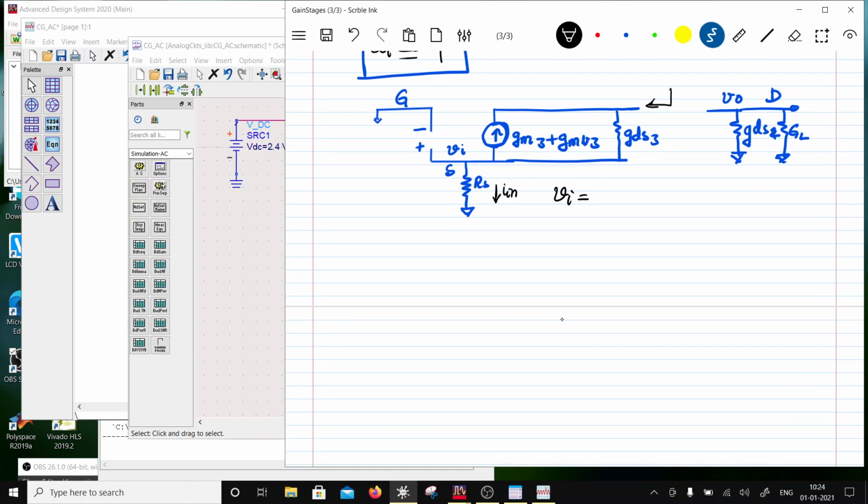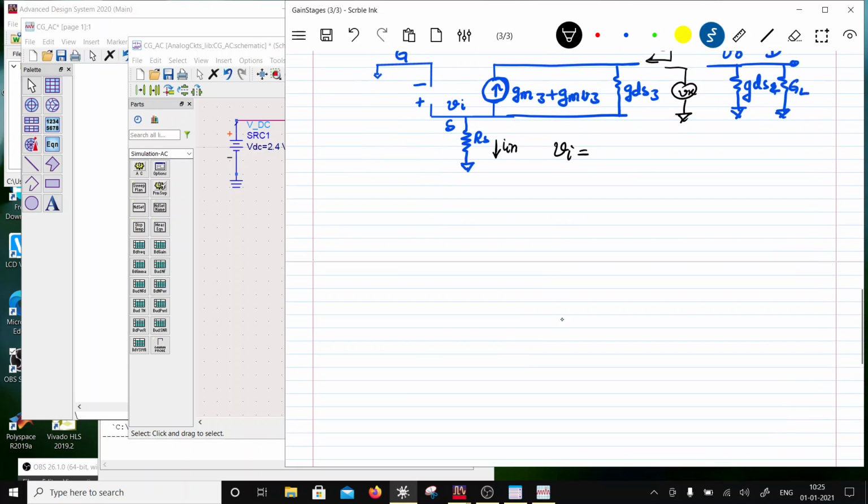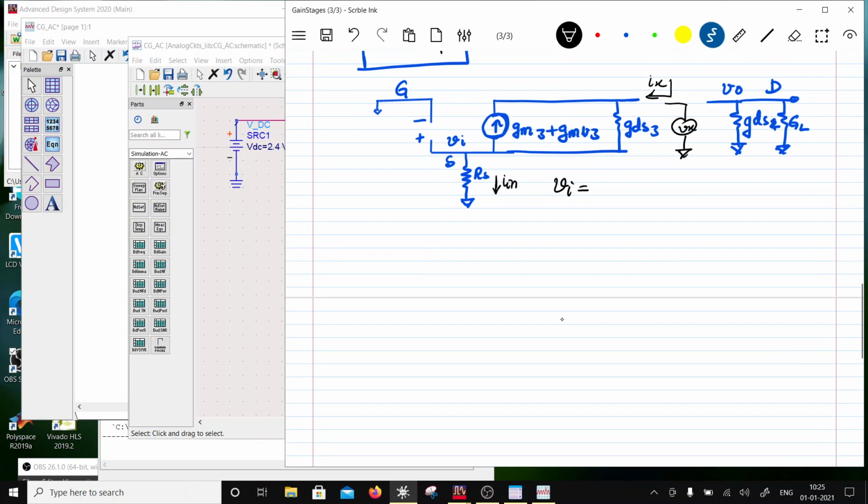So I'm going to connect Vx here, and then I have a flow of Ix. So Vx by Ix is Ro. If this is Ix, then this should also be Ix, because the current doesn't flow into the gate. So Vi will be equal to Rs times Ix, right?